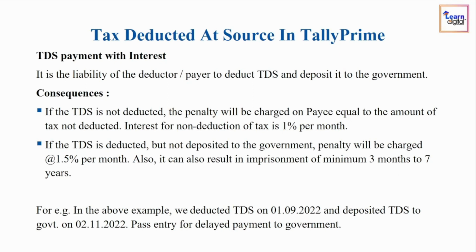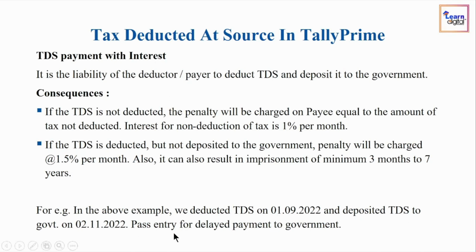So let's take an example that we have deducted the TDS but not paid to the government. In the example we just went through, we entered the journal voucher and I have not entered the payment of TDS to the government, right? So in the above example, we deducted TDS on 1st of September and deposited TDS to the government on 2nd November.